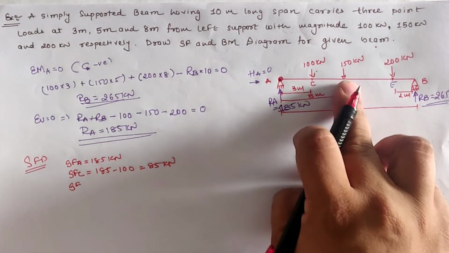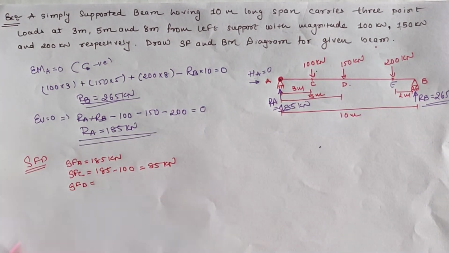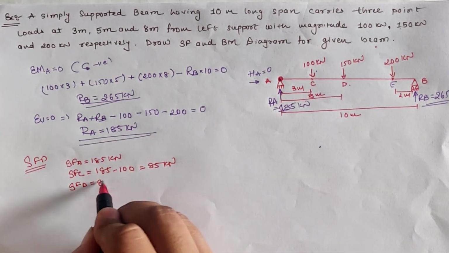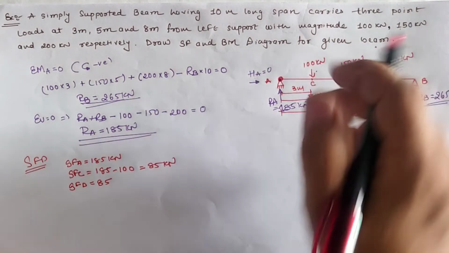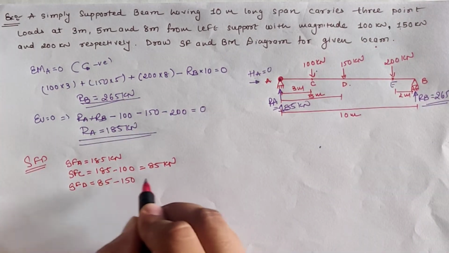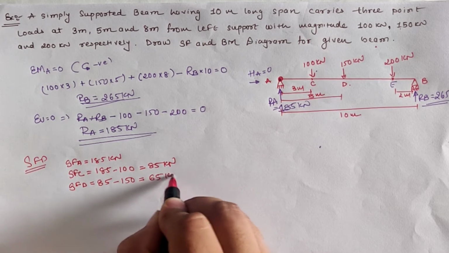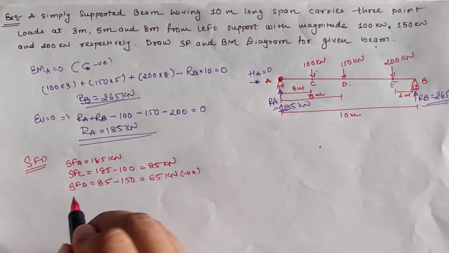Now SF at location D is 85 up to point C and downward 150, so it is minus 150, so the total value is 65 kilonewton, but negative.